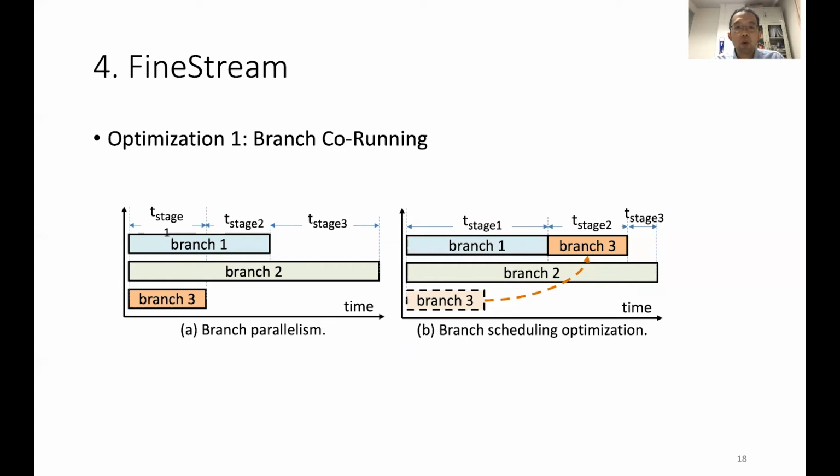If we co-run the three branches simultaneously, then the execution can be partitioned into 3 stages with different overlapping situations. If the required bandwidth for stage I exceeds the system maximum bandwidth, we can perform a branch scheduling optimization.